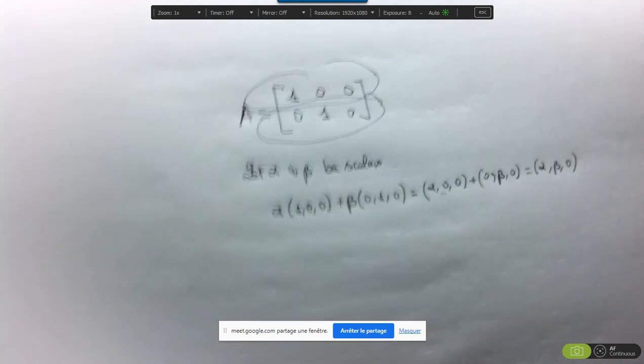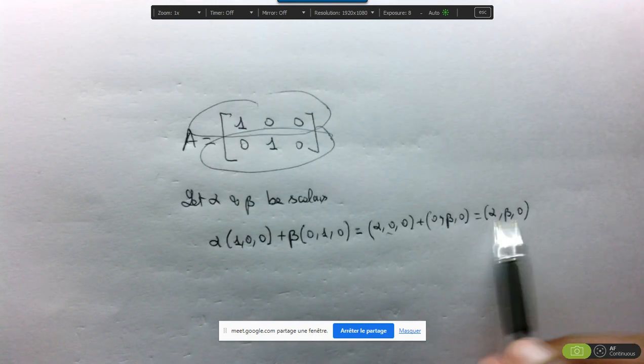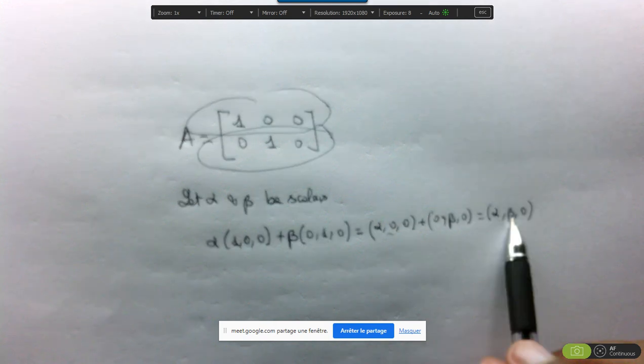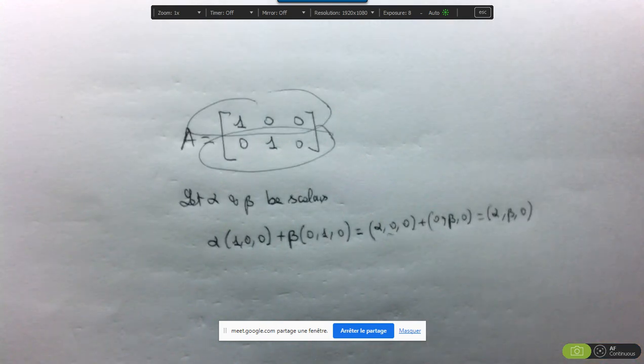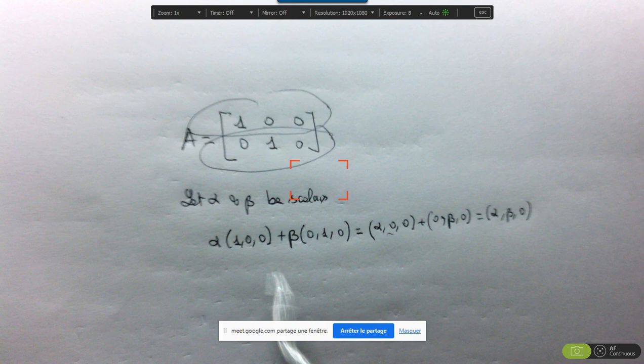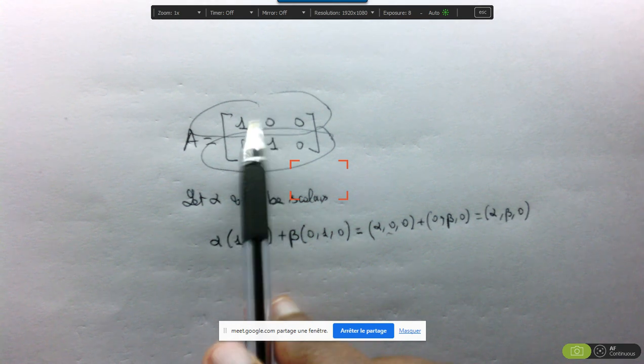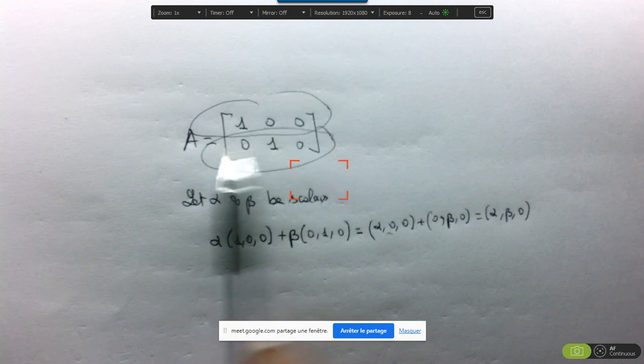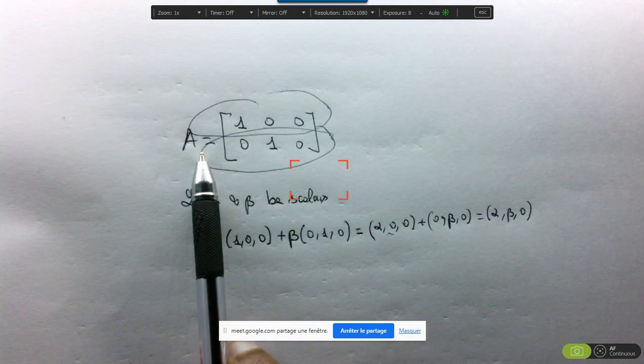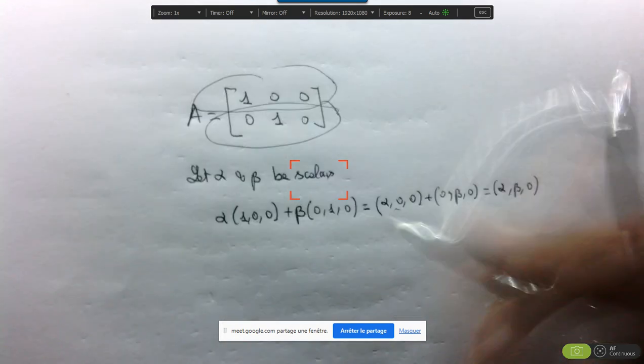So the set of all of the possible values that I can have from this, the set of all of the possible linear combinations of the rows of a matrix, will form what we call the row space of A.